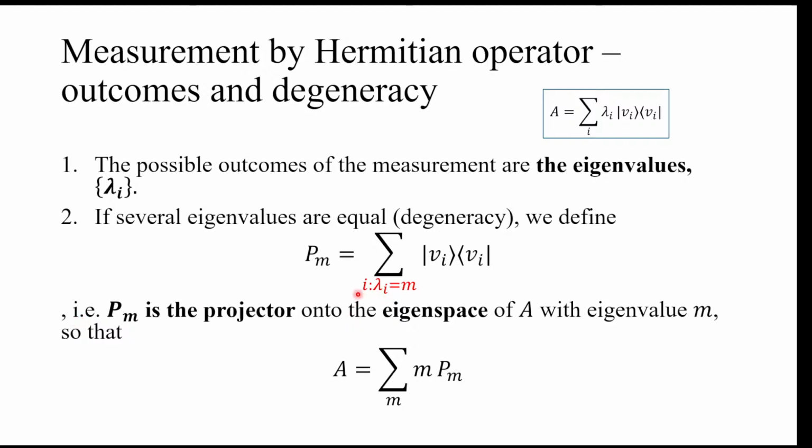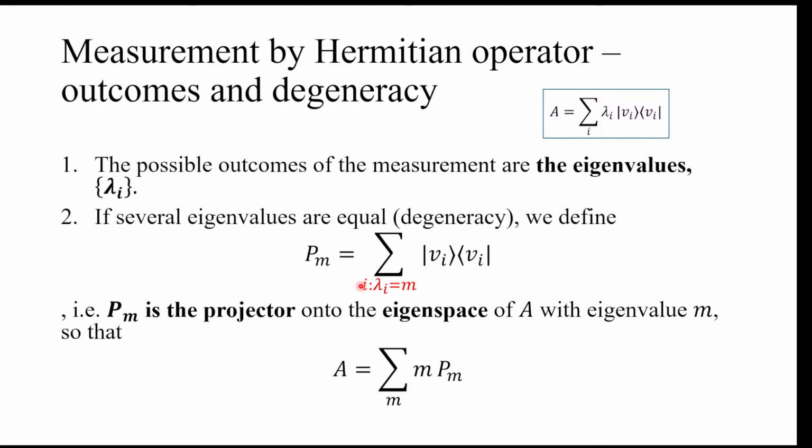that corresponds to an eigenvalue. So say if you have several different lambda i that equal eigenvalue m, then you can define this projector Pm that's just a sum over the projectors that correspond to all the eigenvectors of that same eigenvalue.